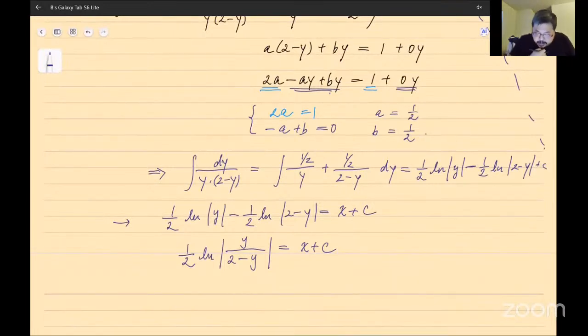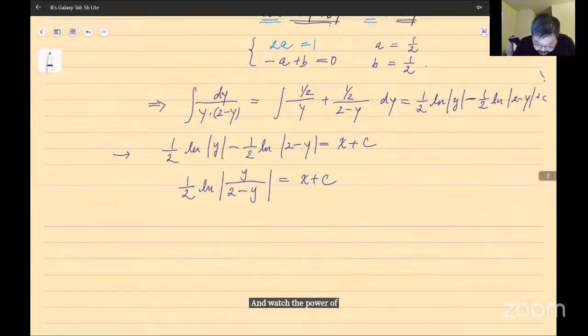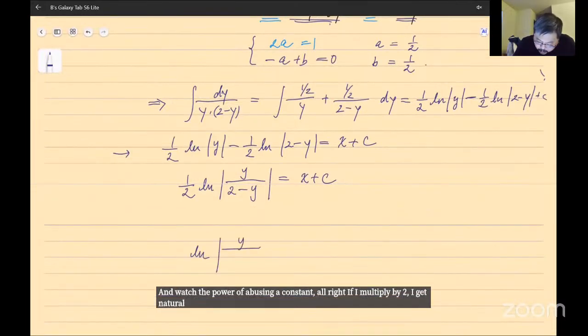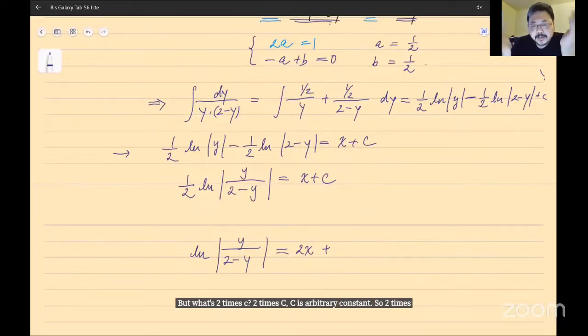Then what do we do here? Well, I could multiply both sides by 2 and watch the power of abusing a constant, all right? If I multiply both sides by 2, I get natural log of absolute value y over 2 minus y equals 2 times x is 2x, but what's 2 times c? 2 times c is an arbitrary constant, so 2 times c is just another constant.